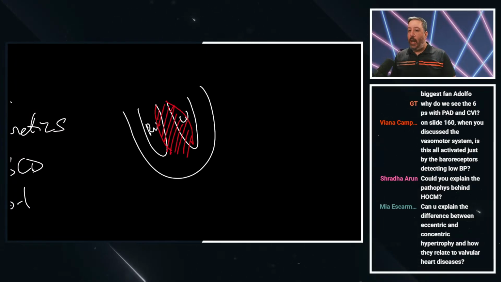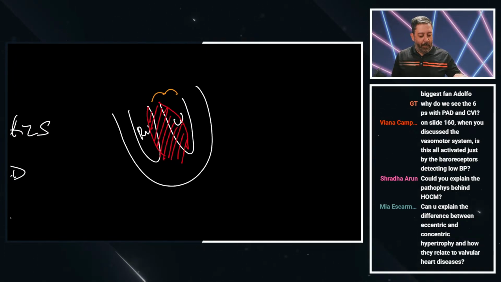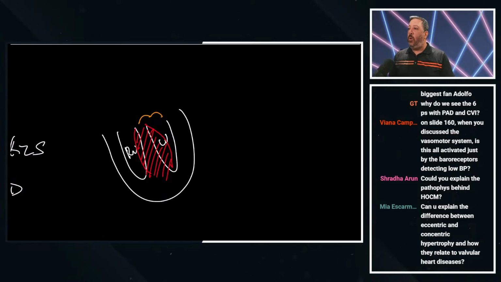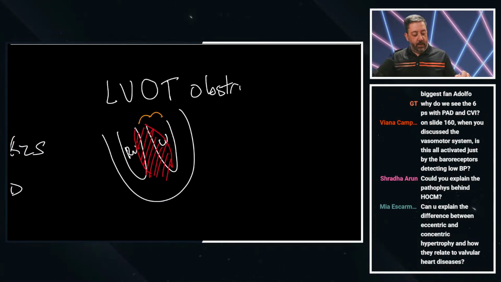When this septum hypertrophies and when the heart squeezes, the aortic valve is right there. So what happens when we have HOCM, hypertrophic cardiomyopathy, is it causes a left ventricular outflow tract obstruction.